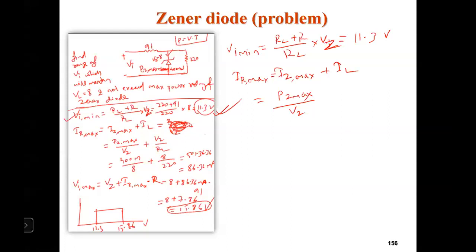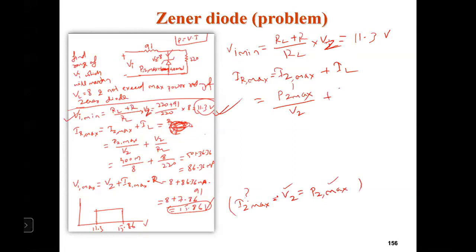You know that P equals VI. So IZ max into VZ equals your PZ max. PZ max was given, and IZ max you are calculating in this step.